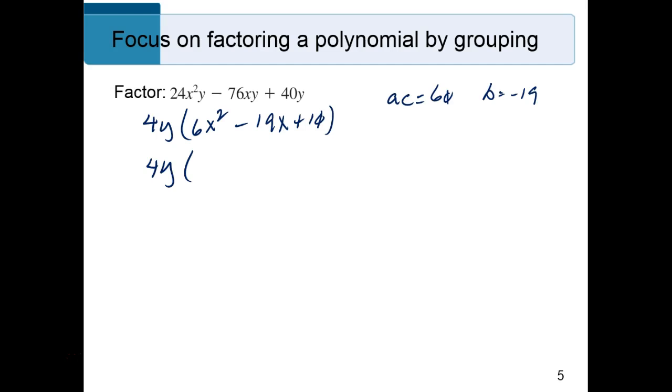Okay, what we want to investigate: we need two factors of 60 that add to be negative 19. What does it tell you about those two factors? They multiply to be a positive number and add to be a negative number. What must they be?